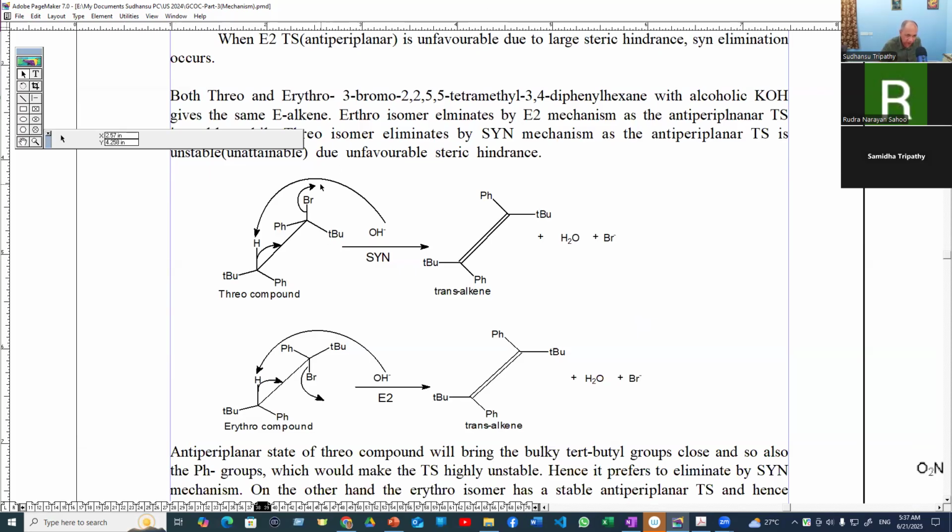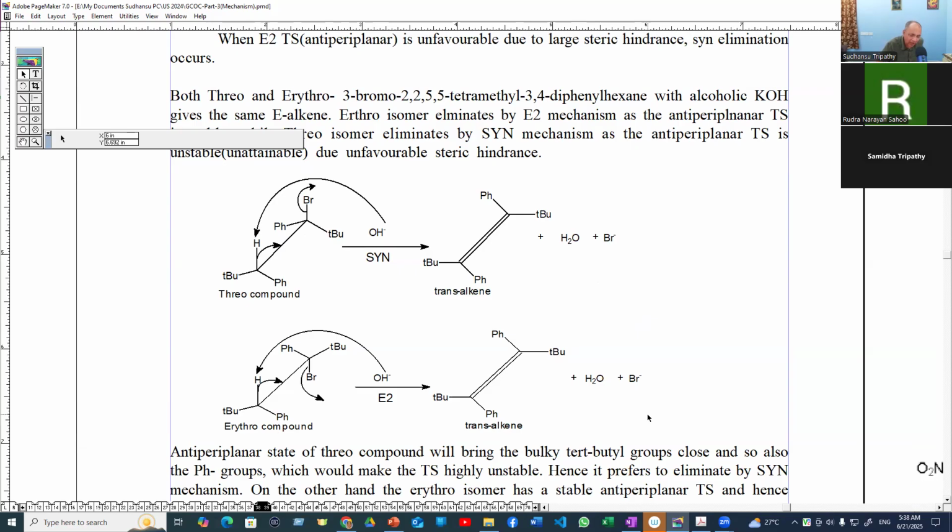So this is threo. Threo and erythro give the same compound. That's the beauty. Threo does it by syn elimination, it's not called Ei. And erythro, as usual, in the anti-periplanar E2 mode, you have tert-butyl also trans.